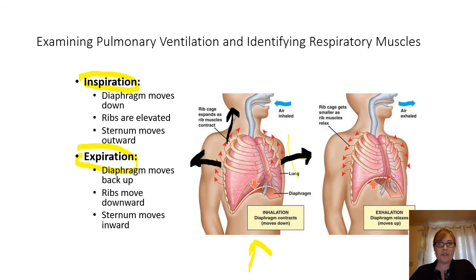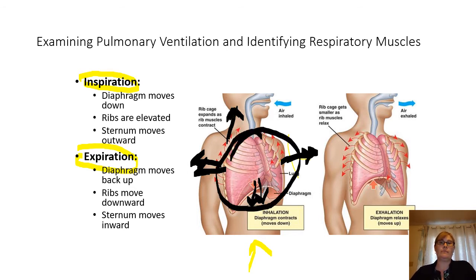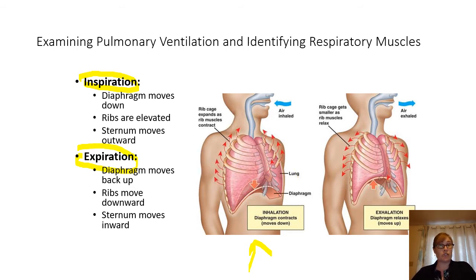We're also going to see the diaphragm dropping down, and the sternum moves out as well. So we're dropping the diaphragm, widening the thoracic cavity and raising the ribs. You're enlarging this area quite a bit, and that causes air to rush in. The change in pressure forces air to rush in.